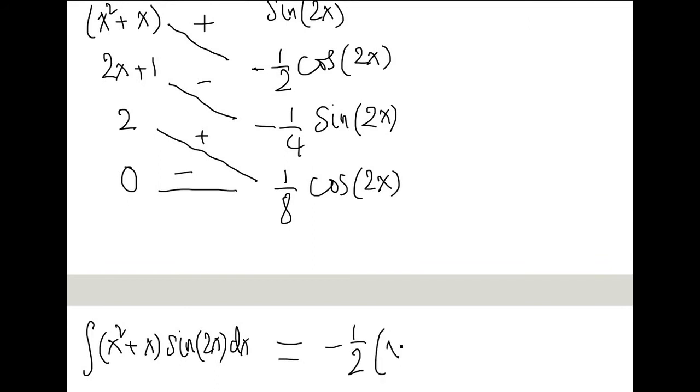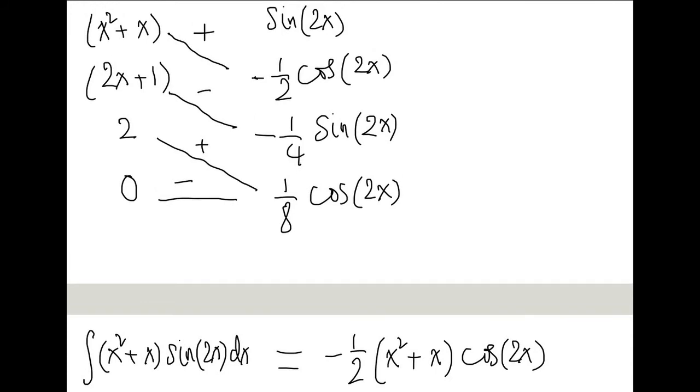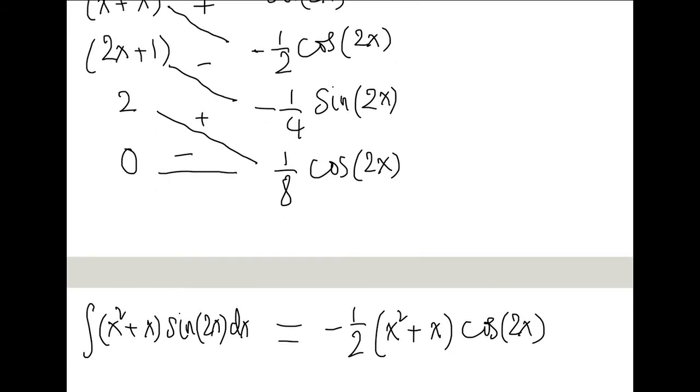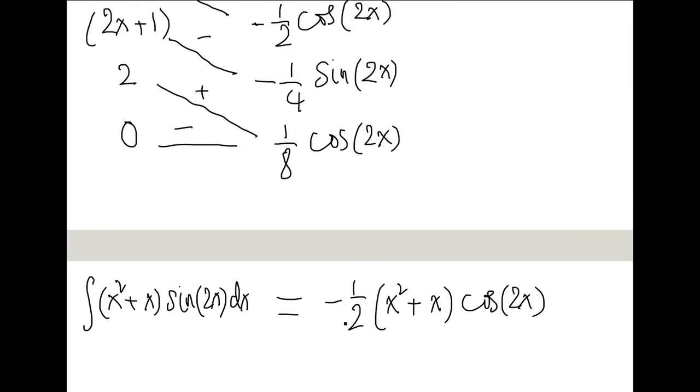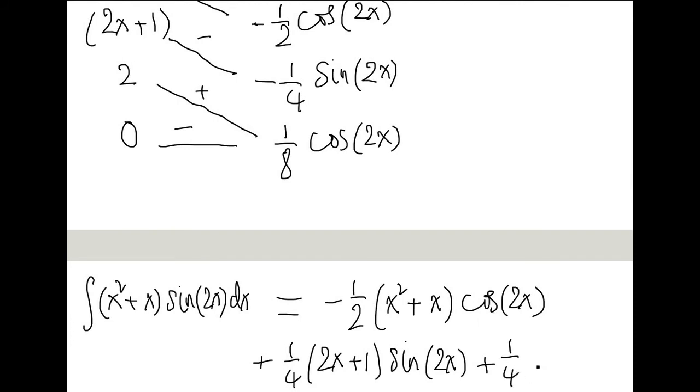X squared plus x cosine 2x, and then multiply these two together, we get minus, and then minus become plus, so we get plus a quarter 2x plus 1 sine of 2x, and then plus again 2 times this will give us a quarter cosine 2x.